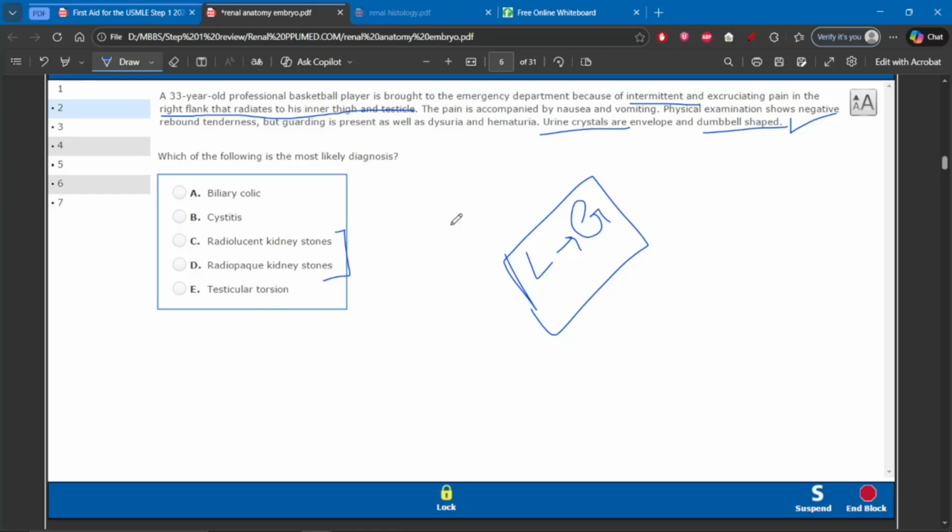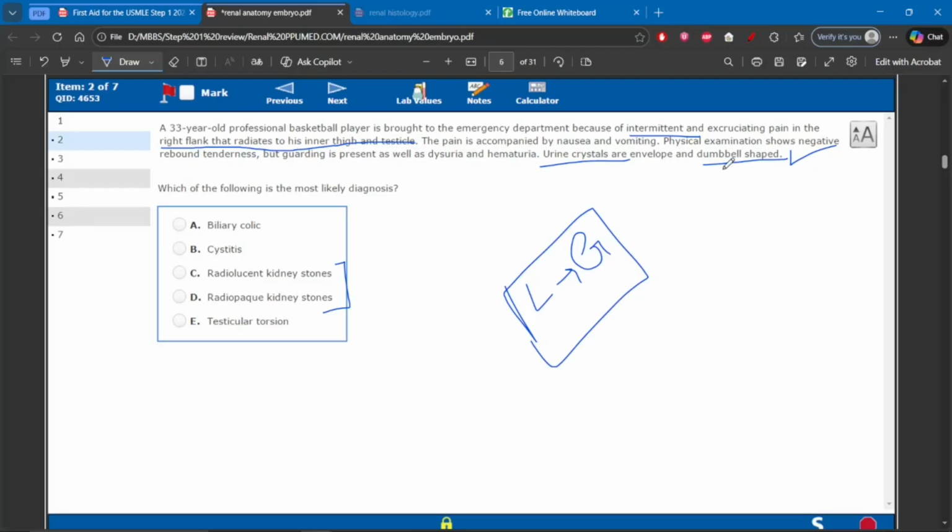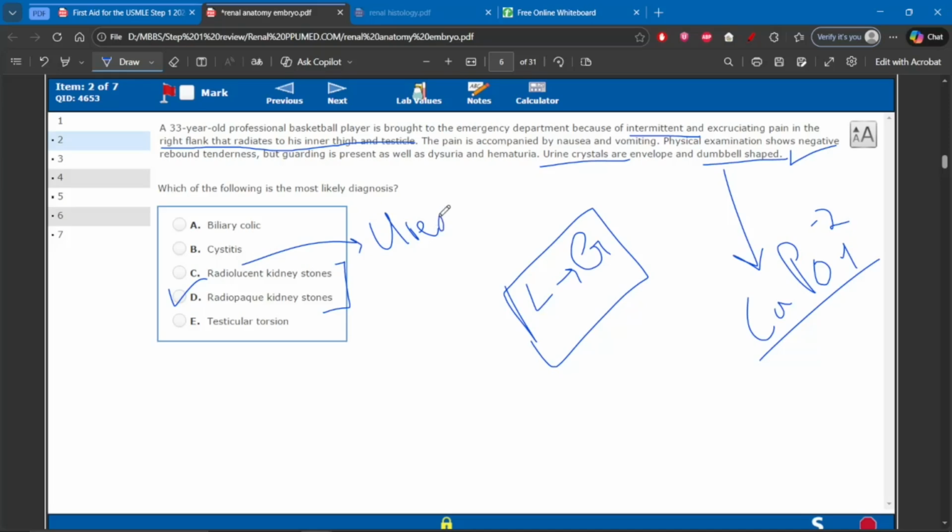We of course haven't studied that yet, but I'm going to tell you that dumbbell shaped is always calcium phosphate stones. You have to keep this in mind. They're always calcium phosphate, so I would go for radio-opaque kidney stones. These are uric acid stones, and uric acid stones are not dumbbell shaped.